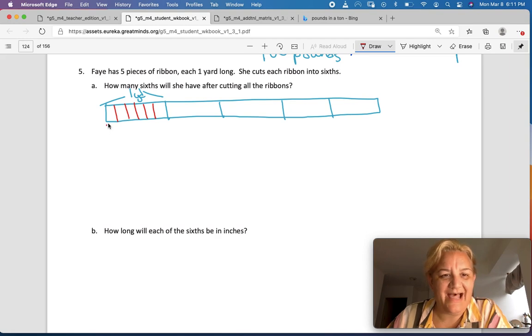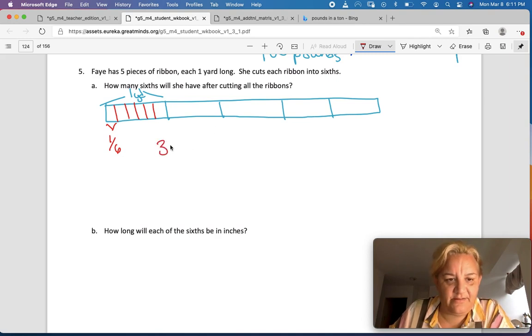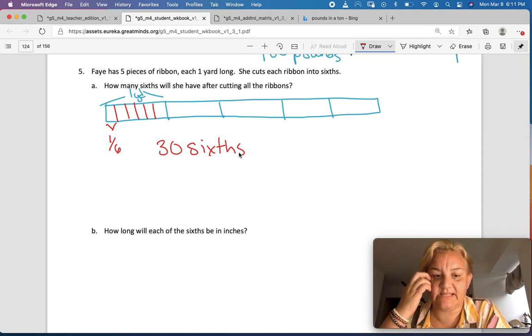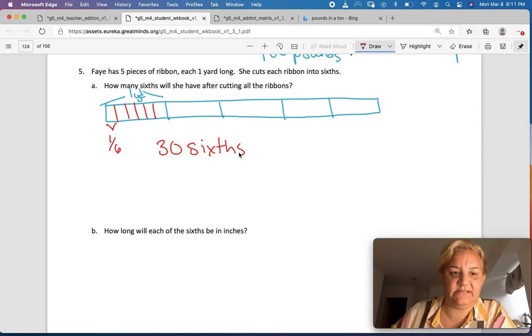Okay. How many sixths will she have after cutting all the ribbons? So if this is a sixth, how many will she have? 1, 2, 3, 4, 5, 6, 12, 18, 24, 30, 36. Okay, how long will each of the sixths be in inches?